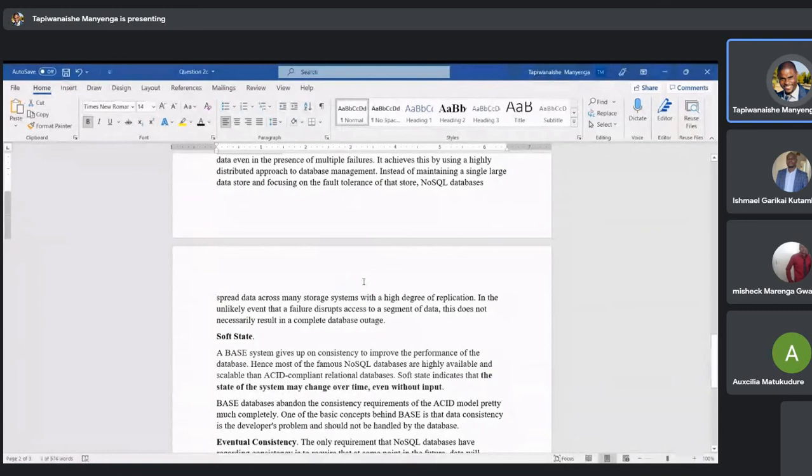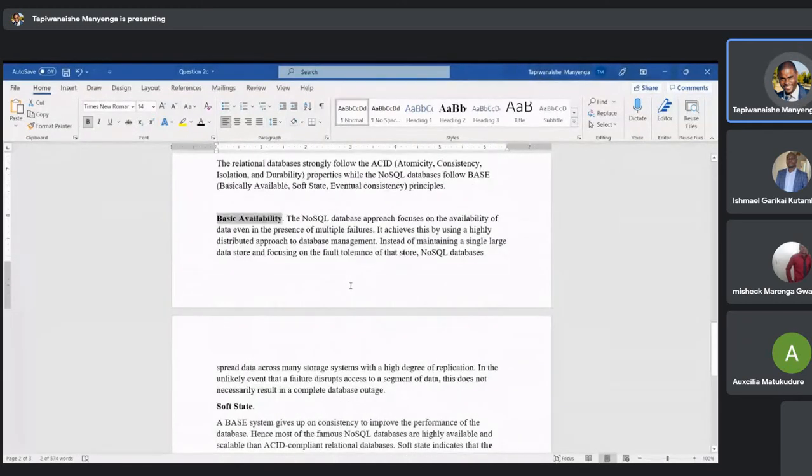I'm not sure, but the thing is data is written across my distributed machines. So there's always a basic availability.